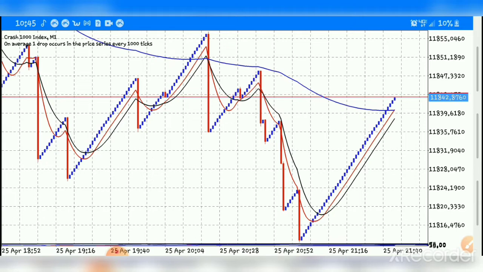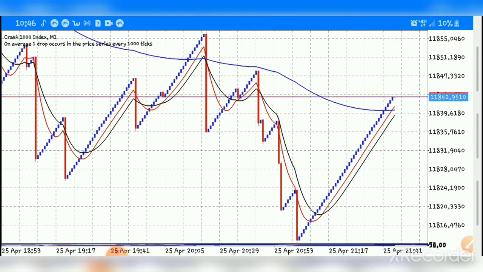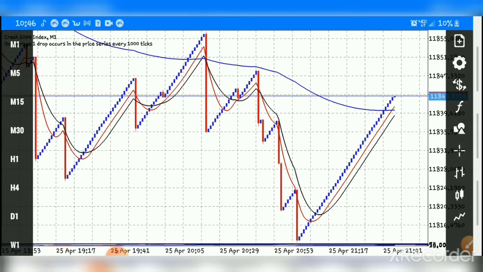So these spikes happen in between. The safest way of trading crash 1000, boom 1000 and the likes is by trading the spikes. But if you don't have a perfect strategy for it, you might end up losing your money. For example, let me say I'm already in the market.